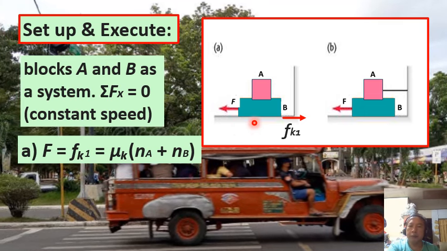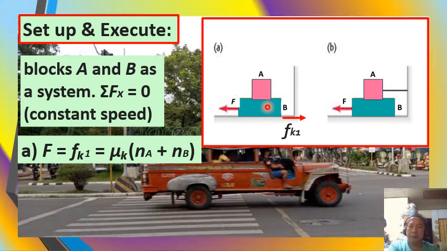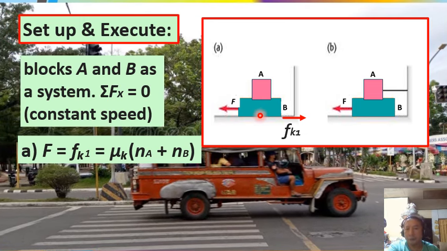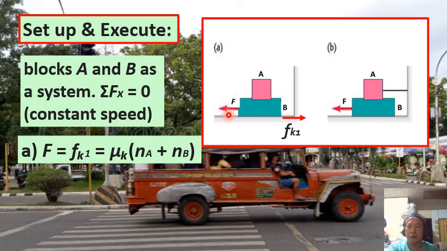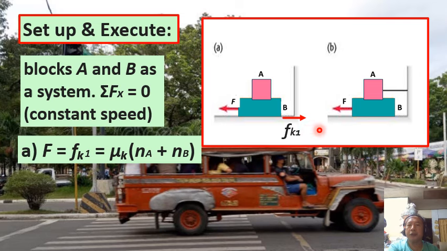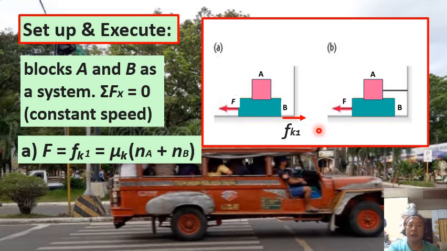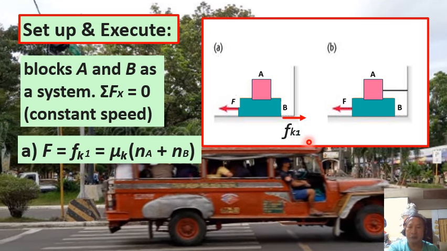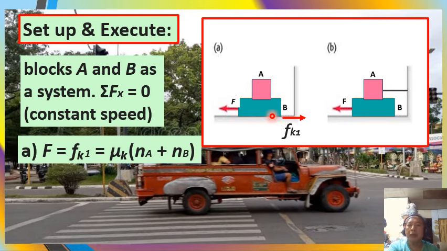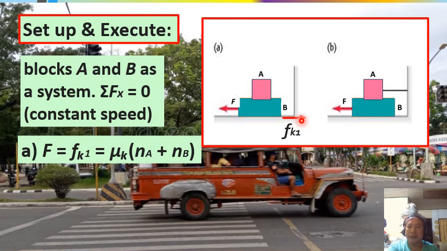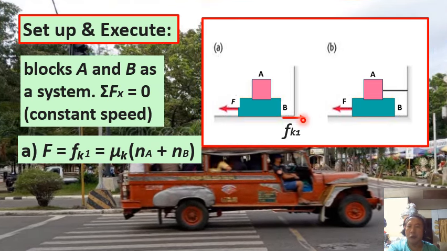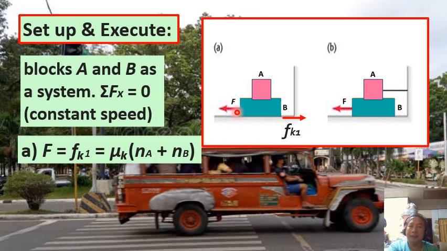At dynamic equilibrium, while the system is moving to the left because of the application of the force F, there is an opposite but equal opposing force, the force of kinetic friction exerted on block B, represented here by the red arrow directed to the right, opposite to the applied force F.